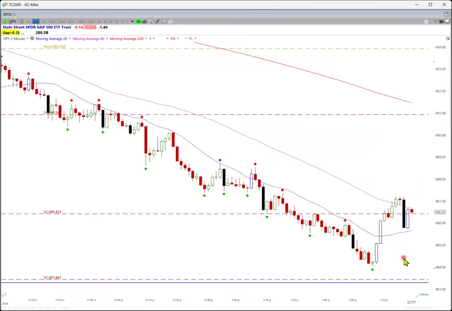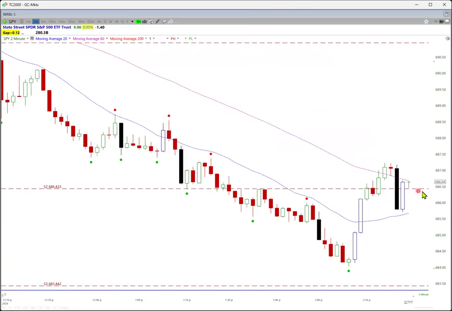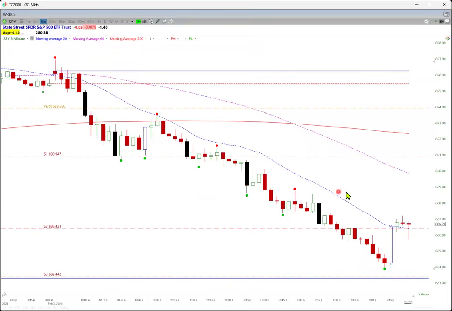So now, just based on the pivot line, this came down and came right back up again. Traders thinking, oh, I'm going to get filled on a retest. They should be willing to buy at the pivot line now that it got back above it. And so we continue with this thought process.